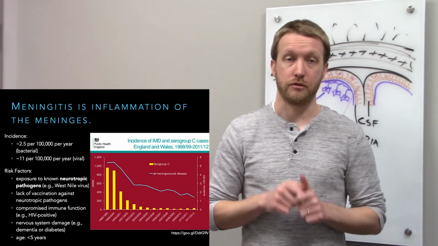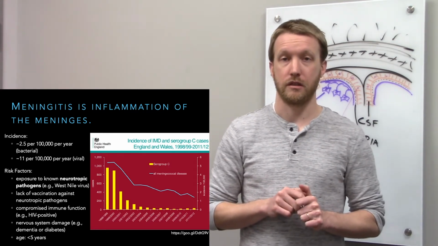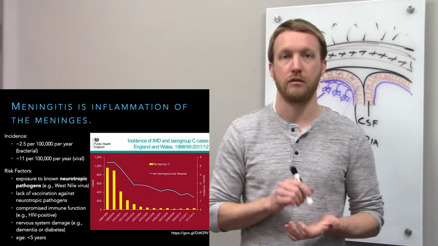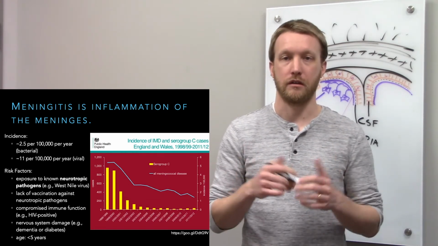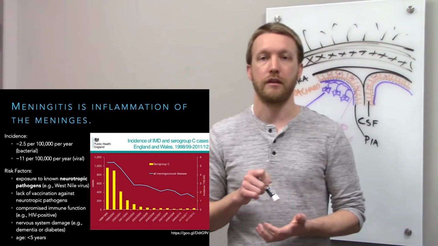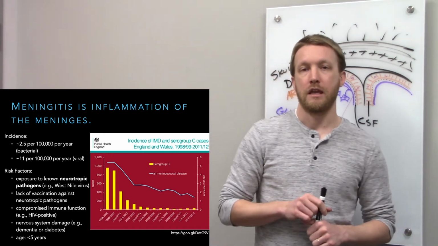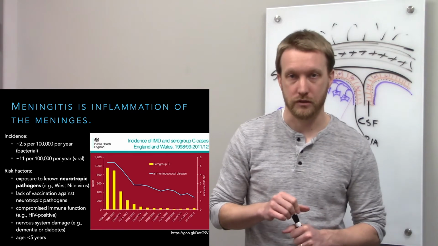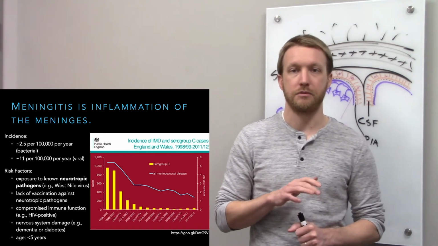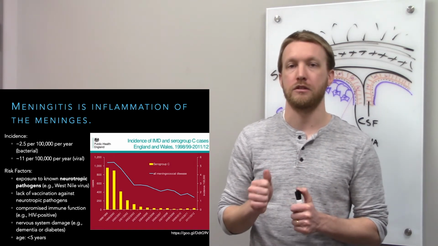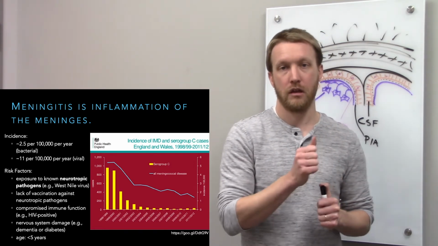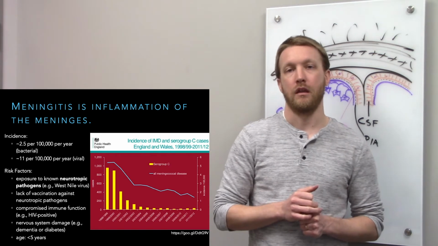Also, exposure to neurotropic pathogens, that's a big risk factor as well. So exposure to any virus or bacterium that can get into the brain there, that's going to increase your risk. If you have compromised immune function, that certainly increases your risk because you're not properly identifying and destroying pathogens before they have a chance to settle in the central nervous system.